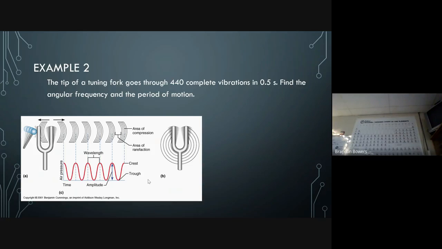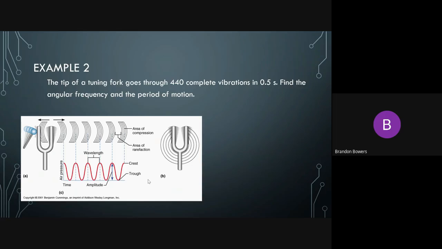Okay. Let's see, 2 pi times 880 is going to leave me with about 6,000 radians per second.